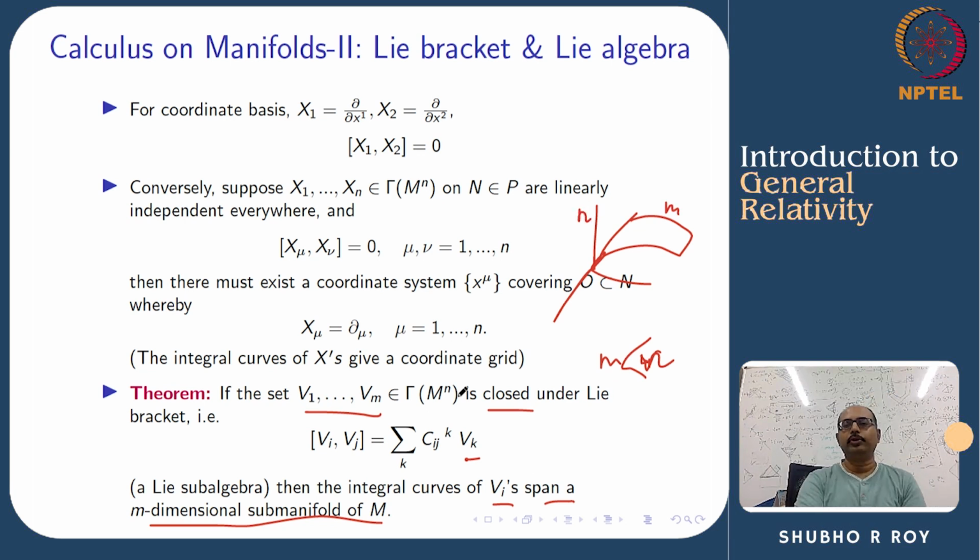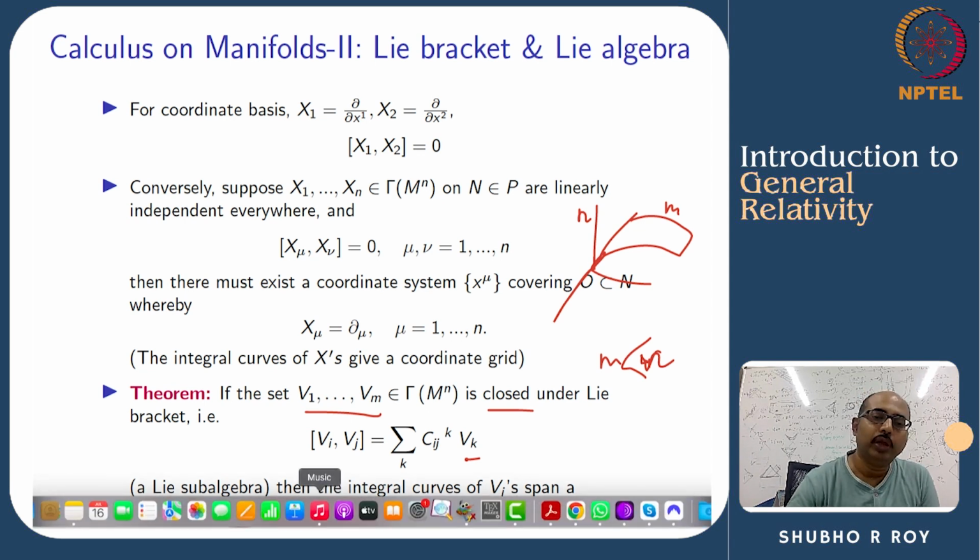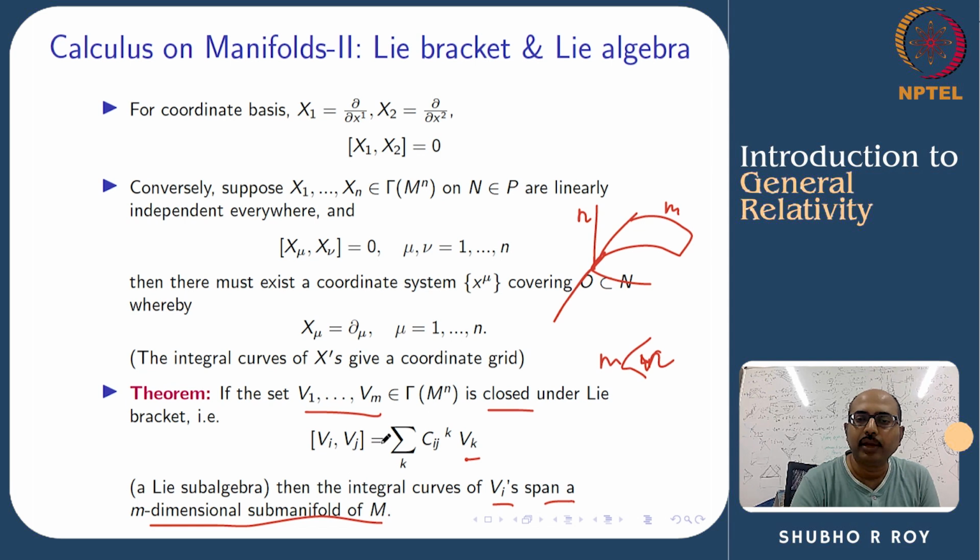This is an important result, a theorem we will use when we construct the Schwarzschild solution in GR. If you have a bunch of vector fields which are closed under the Lie bracket operation, then the integral curves of those vector fields will span out a submanifold inside the larger n-dimensional manifold.